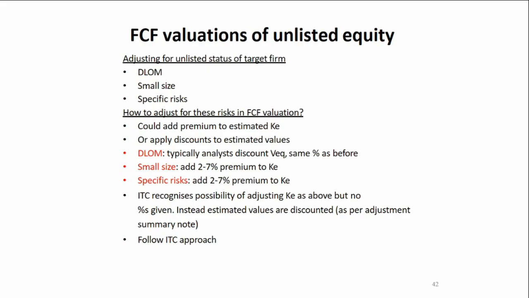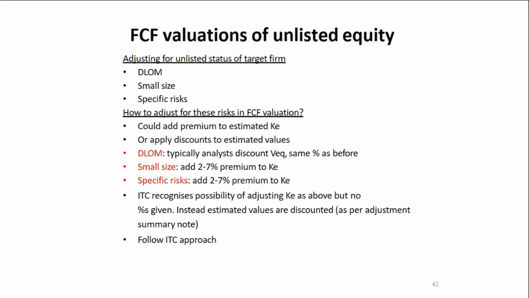If we are discounting for the lack of marketability, in the past, analysts have discounted the value of equity at the same percentage as we did previously for the PE multiple. If we want to adjust for the fact that our unlisted company is smaller than our listed company, we could add a premium to our cost of equity.